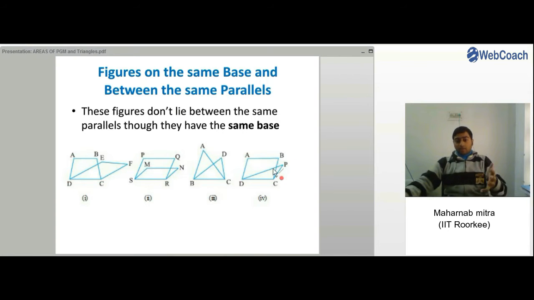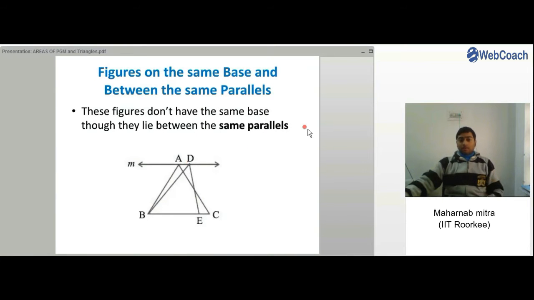Similar case with the quadrilateral ABCD and the triangle PCD. If we draw a line passing through AB which is parallel to CD, you will see P is not lying on the parallel line, right? So such figures do not lie between the same parallel lines even though they have the same base.